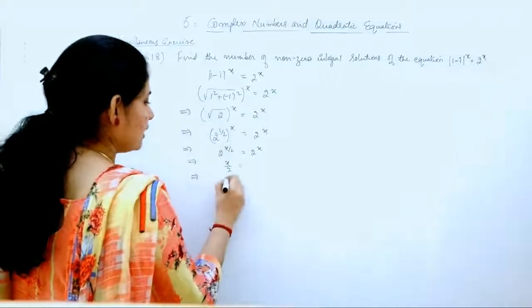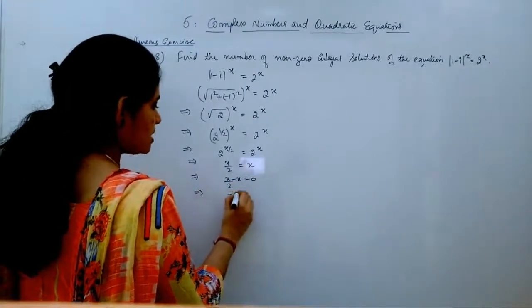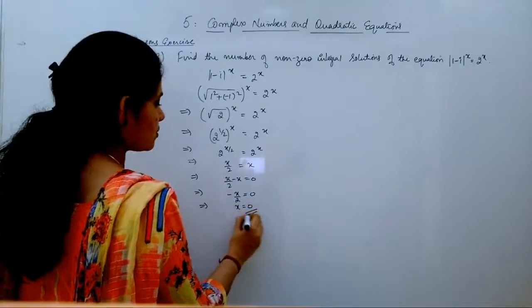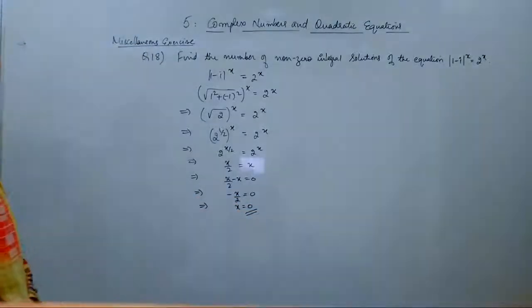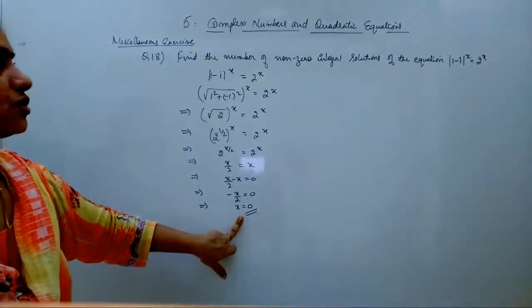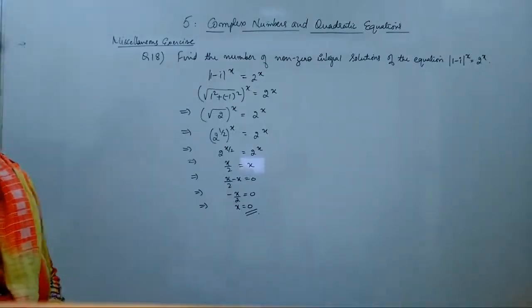That is x by 2 minus x is equal to 0, or minus x by 2 is equal to 0. That means x is equal to 0. So you are actually getting 0 as the solution. That means you are not getting any non-zero integral solution for the given equation.